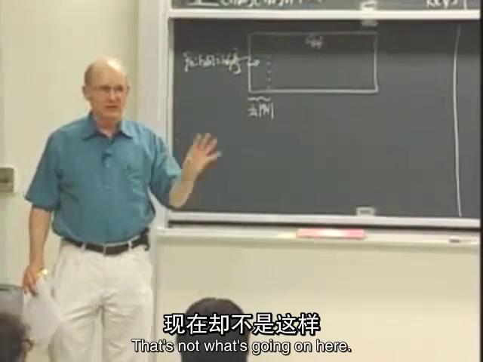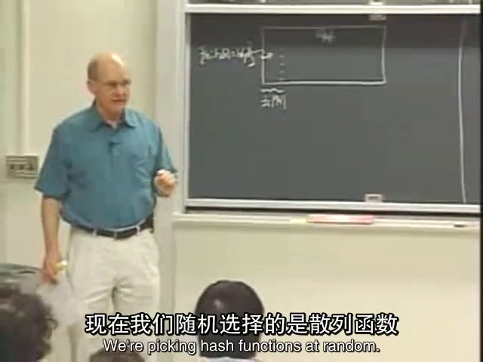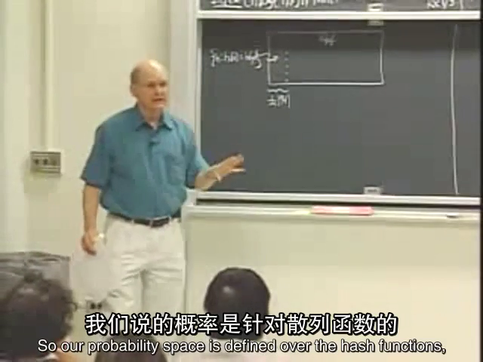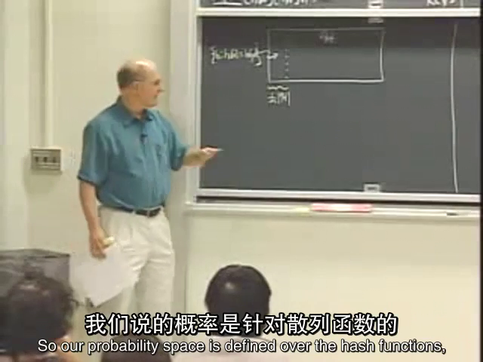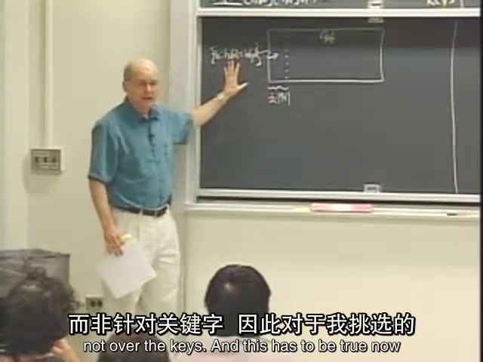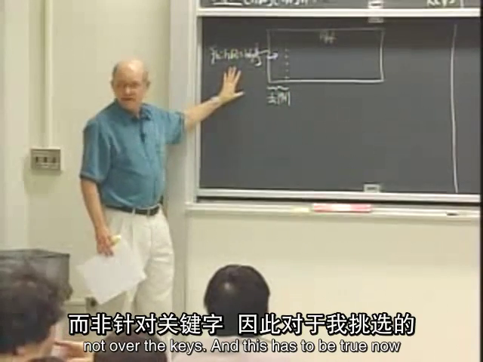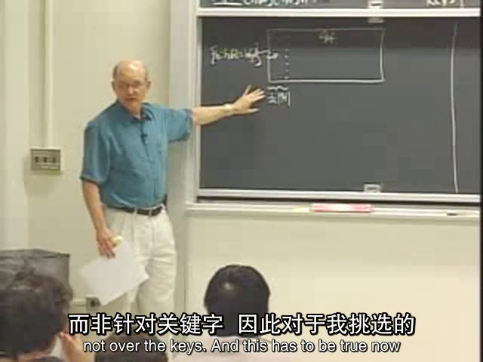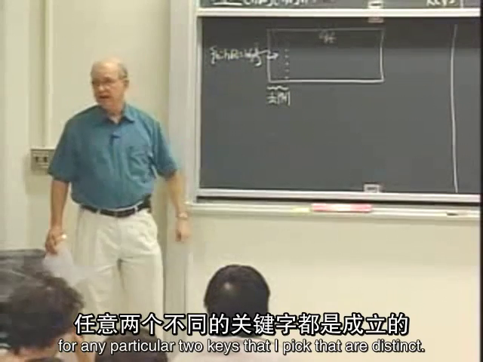That's not what's going on here. We're picking hash functions at random. Our probability space is defined over the hash functions, not over the keys. And this has to be true for any two distinct keys that I pick.